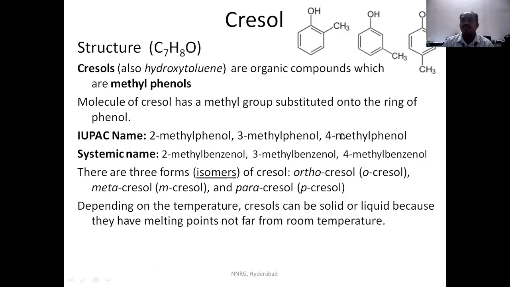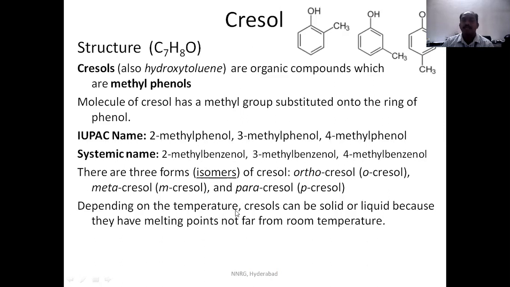If the methyl group is substituted at the fourth position, we call it 4-methylphenol. The systematic names are 2-methylbenzenol, 3-methylbenzenol, or 4-methylbenzenol, because the systematic name of phenol is benzenol. The three isomeric forms of cresol are orthocresol or o-cresol, metacresol or m-cresol, and paracresol or p-cresol.